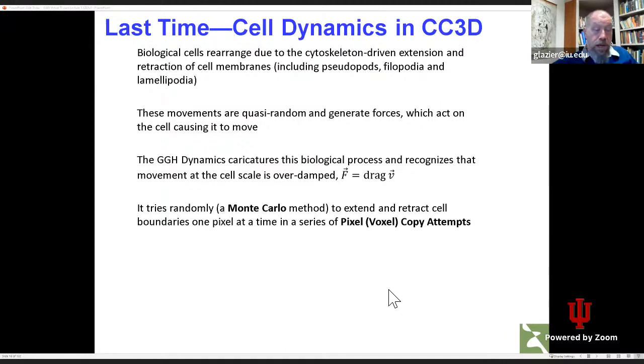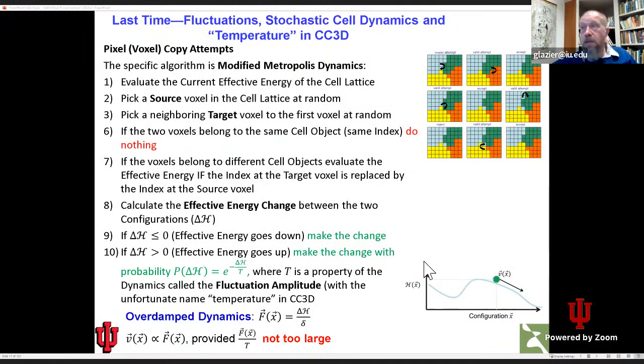F equals drag times V. And we have this specific stochastic algorithm that we call modified Metropolis dynamics. Exactly where that comes from and why is in the background reading papers I gave you. It's not that important. But the key thing is that it does give you a velocity that's proportional to the force, provided that the forces aren't too big.